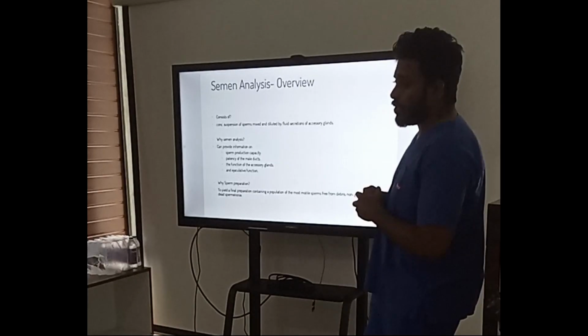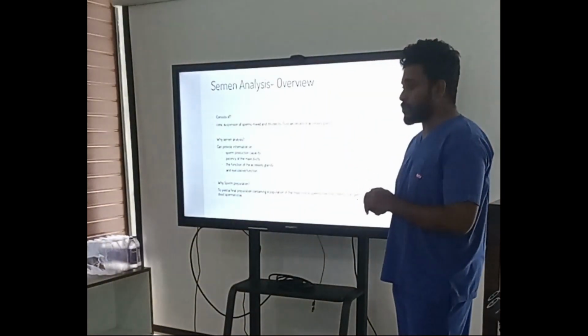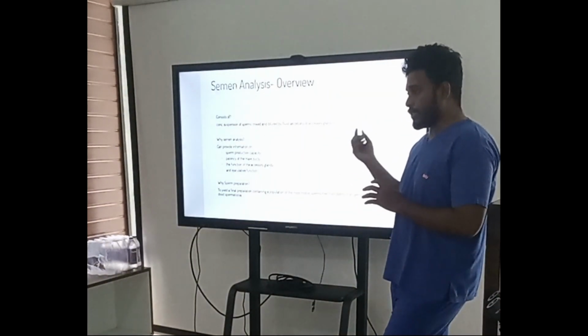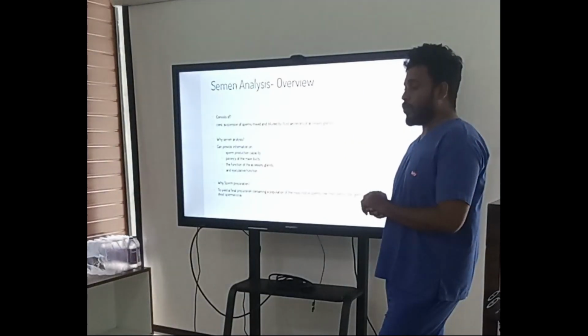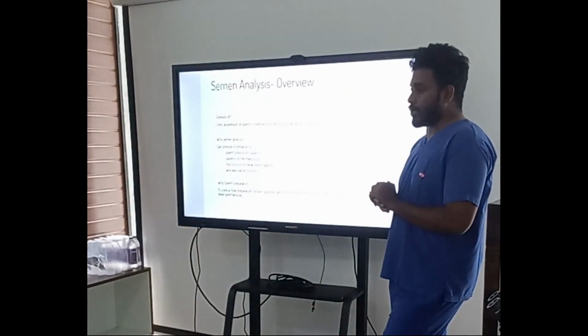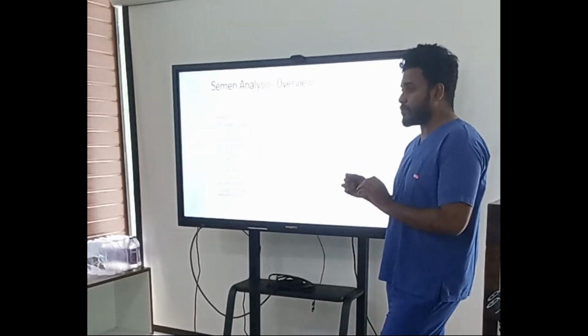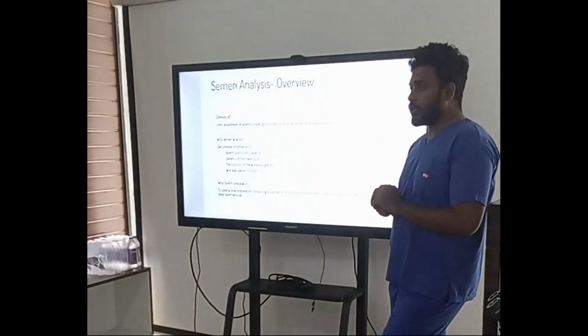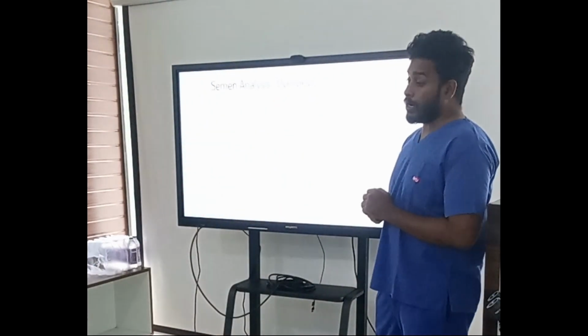So how do we differentiate between the other cells and the sperm cells? Sperm cells have a tail, as we all know. The size of these cells is more or less the same, but comparatively the sperm cell is much smaller.